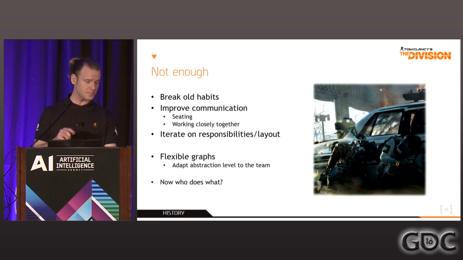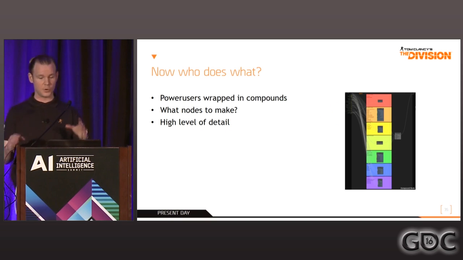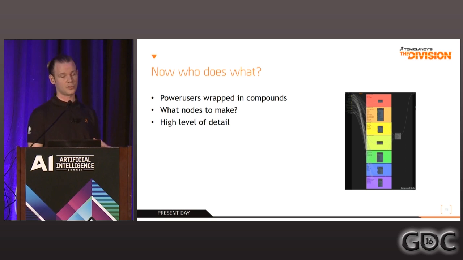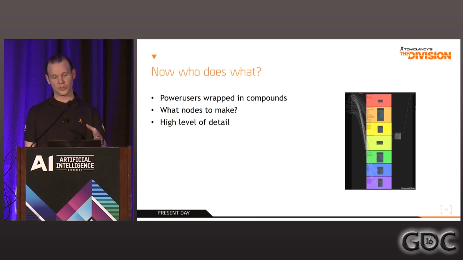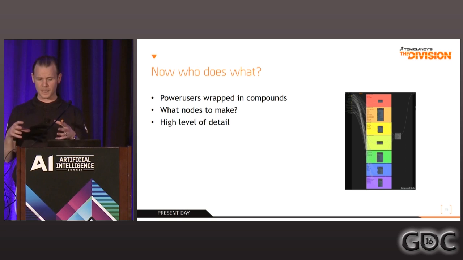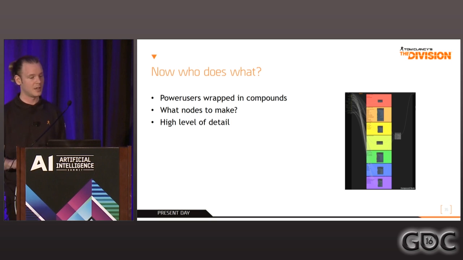So now that we've arrived there, who actually does what? Well, it's mostly power users, programmers and designers alike. They will create these compounds that we've been talking about out of highly specialized components glued together with flow nodes and simple math that can then be reused in the tree.